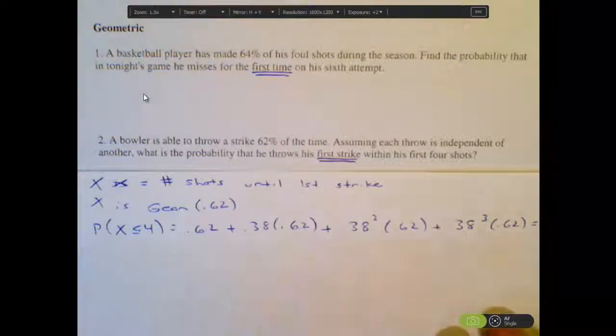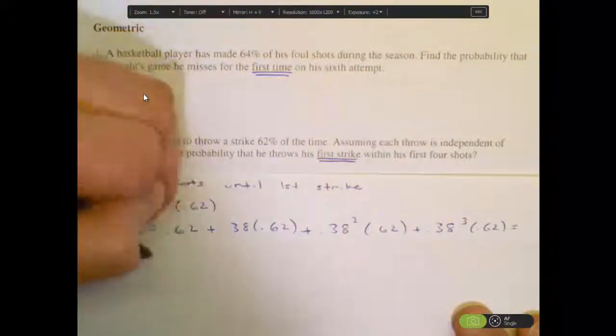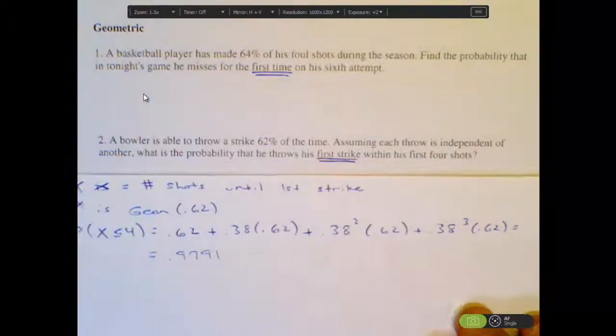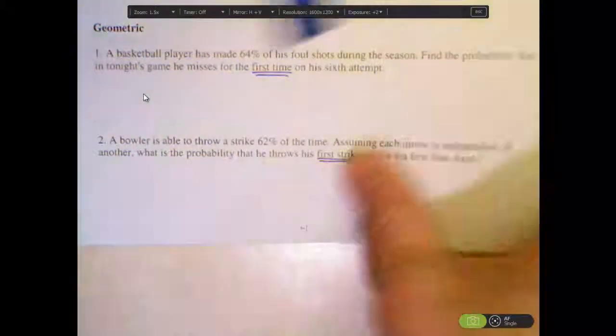Okay, I can plug this in my calculator. When I do so, I'm going to get 0.9791. There's about a 98% chance he's going to get his first strike within the first 4 shots. Okay, let's move on to some other questions with chapter 17 here on the next page.